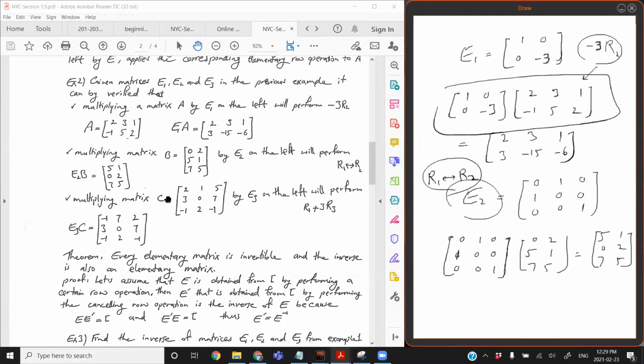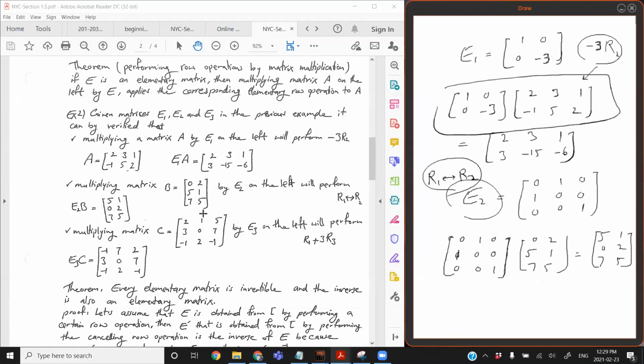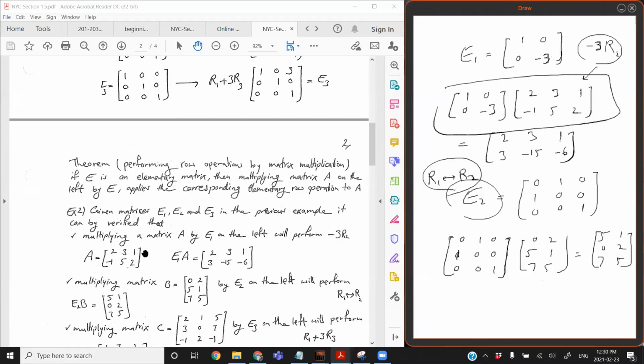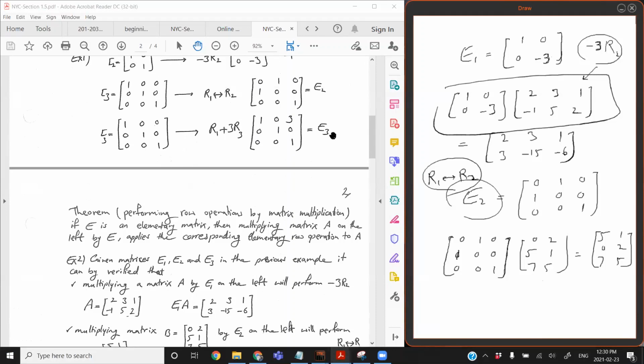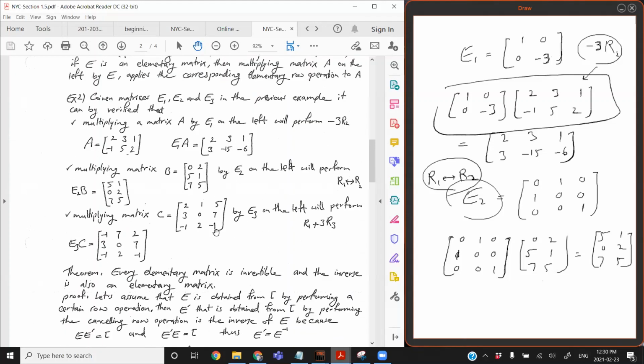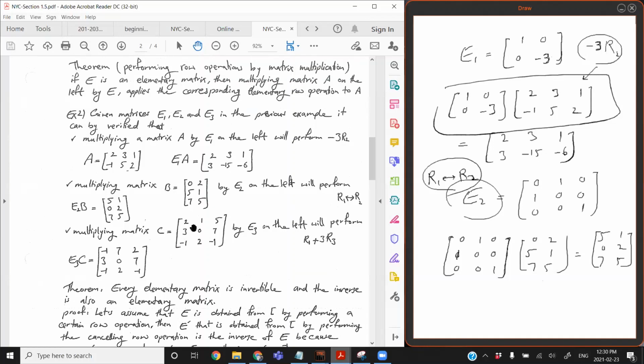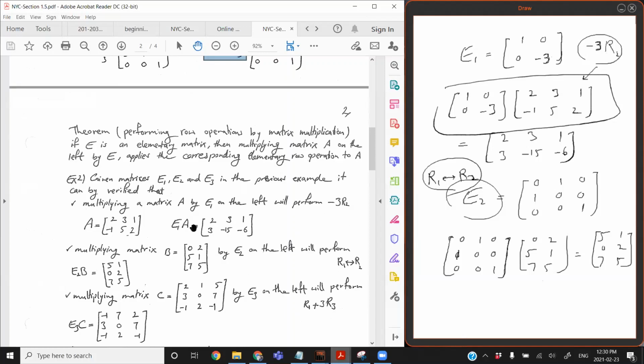And then matrix C is a 3 by 3 matrix. If I multiply C by E3, that would be the same as performing the corresponding row operation on C. If you go back and look, E3 is obtained from I by adding 3 times row 3 to row 1. So if I multiply this particular matrix by E3 on the left, it's as if I am adding 3 times row 3 to row 1.